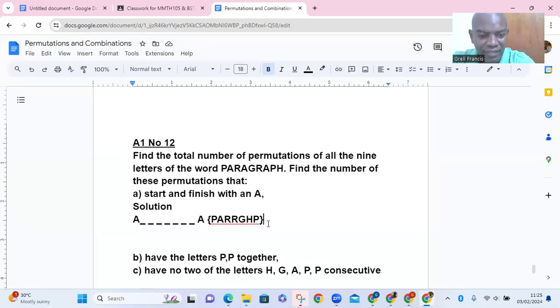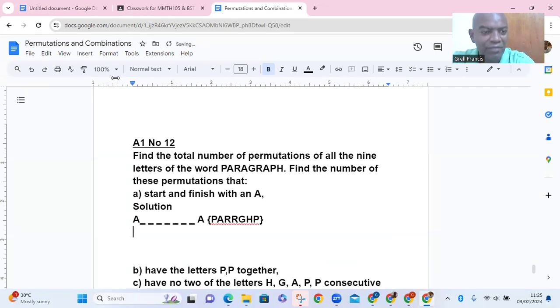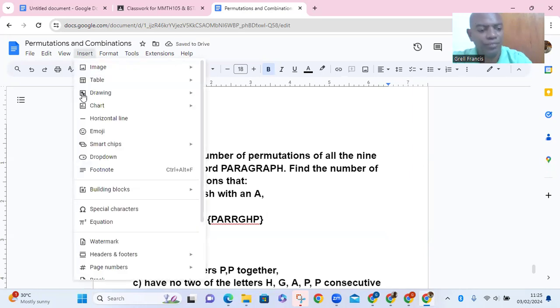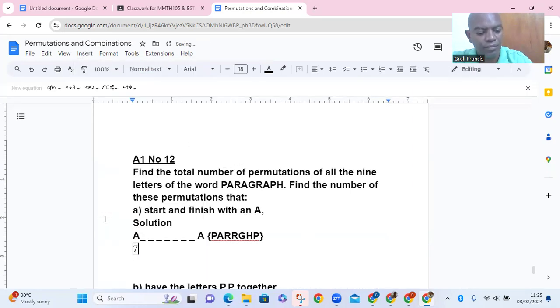Basically that can be calculated by 7 factorial. However, we notice that in those 7 letters, there are 2 R's and 2 P's.